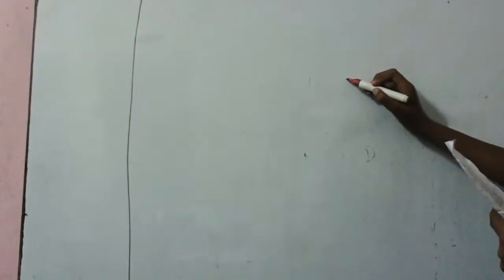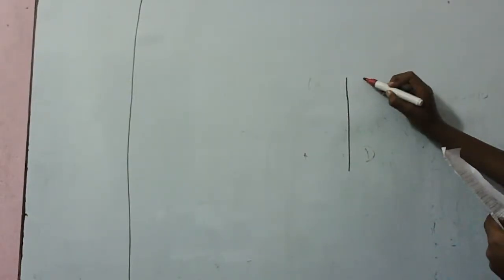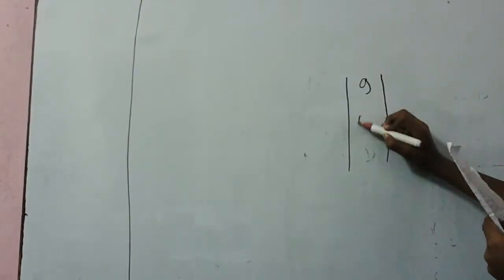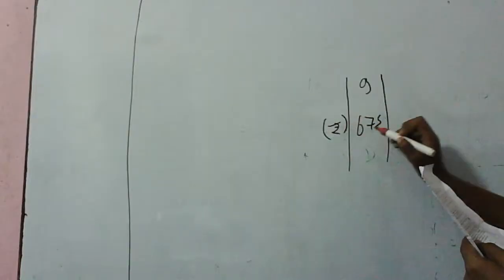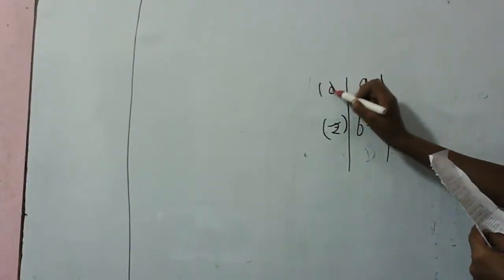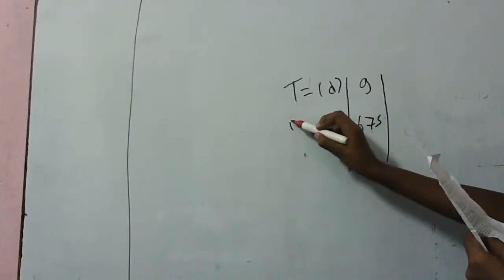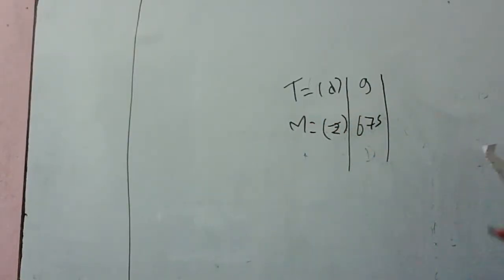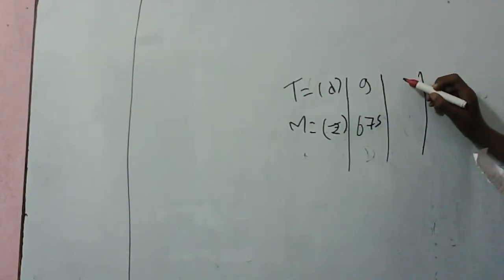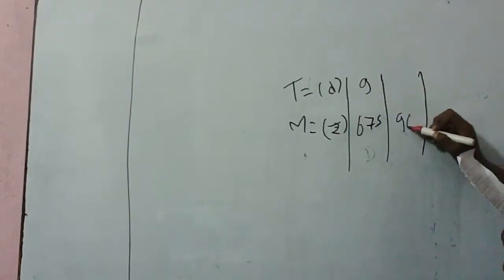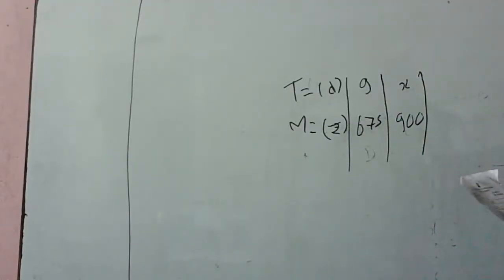A laborer works 9 days and gets 675 rupees. Time and money. How much time will he take to get 900 rupees? It is a case of direct variation.